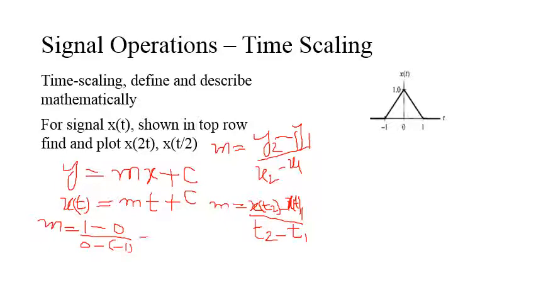This results in 1 minus 0 is 1, and 0 minus minus 1 is 1, so this is 1 by 1, which means m is 1.